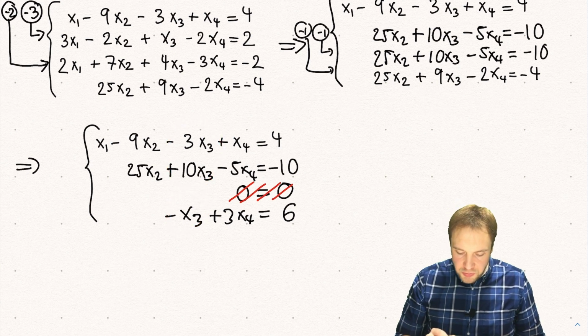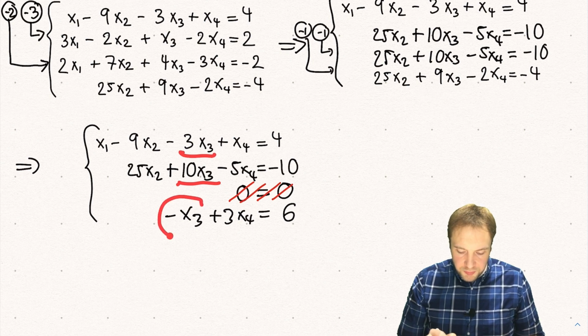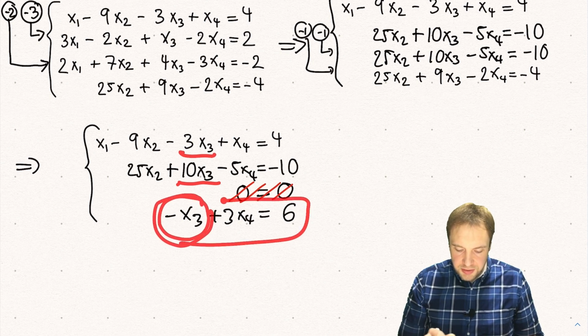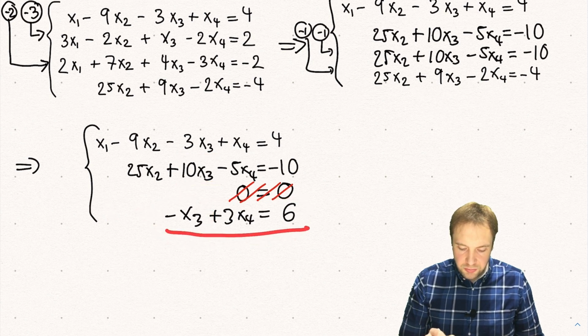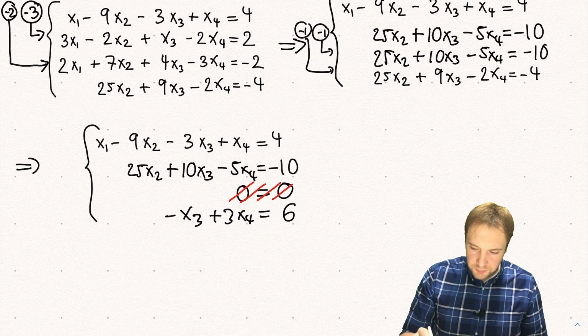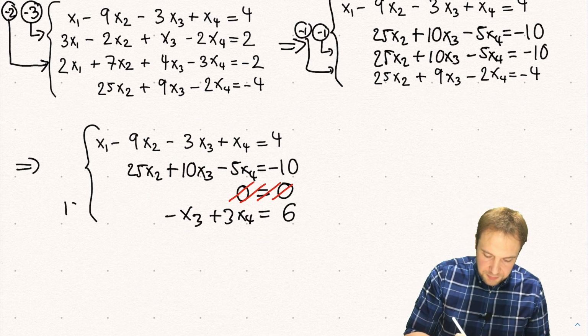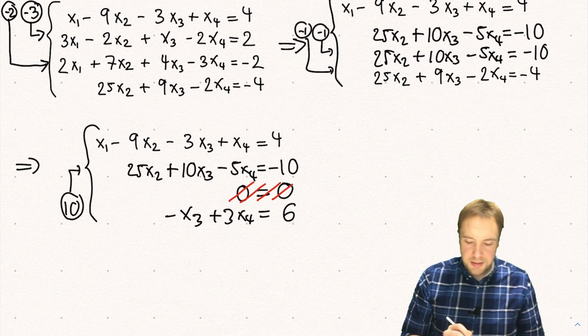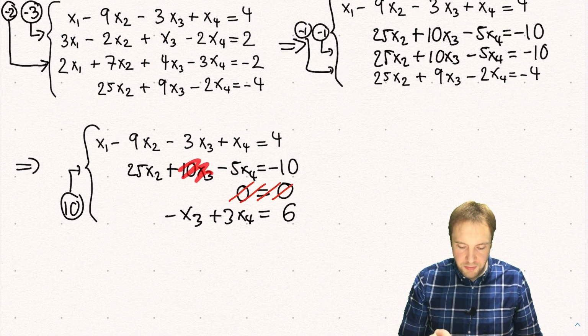So now what we want to do is we want to erase x3 in these ones, because I can take this equation here, which doesn't contain x2 and x1, and I can use it to get rid of these x3 in these equations. Because, for example, here, if I take now 10 times this and add it to this equation, then I get rid of this.